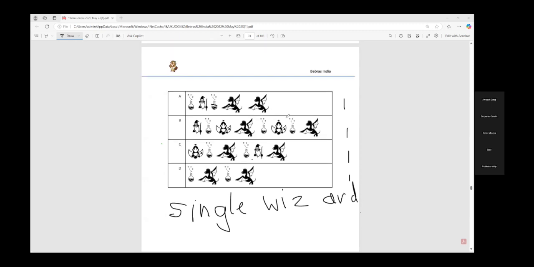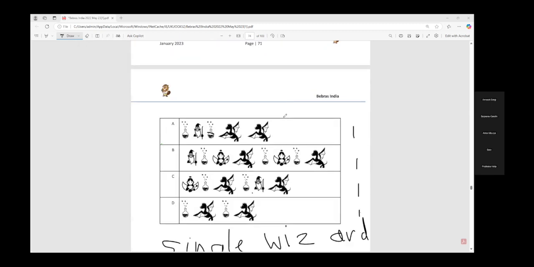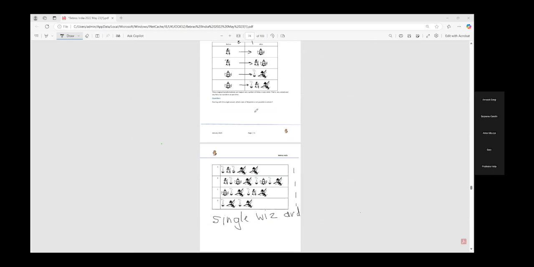Wait, let me also show you the transformation so that you have a reference.